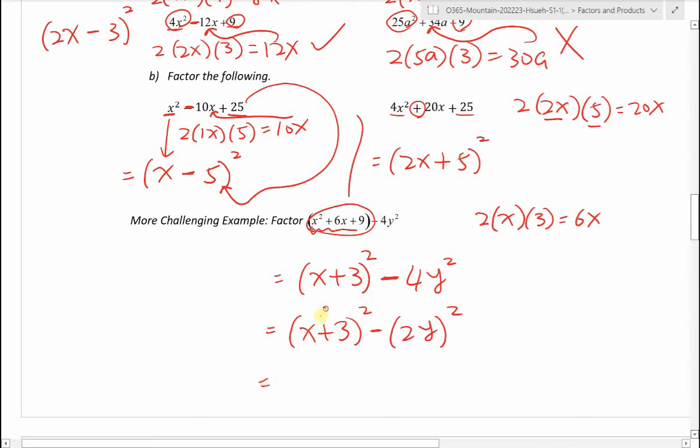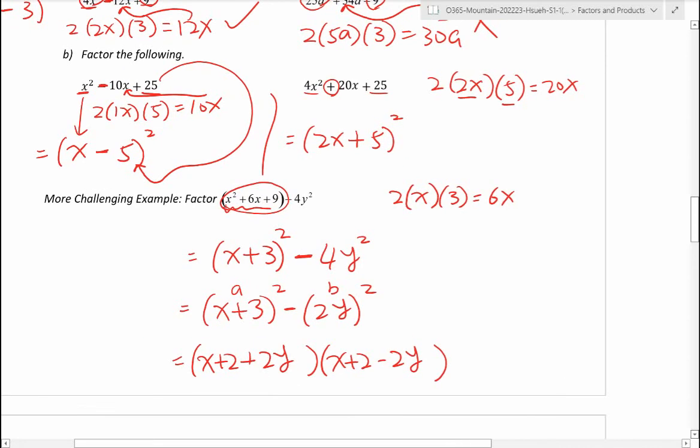Therefore, I can factor this. This is my a, and that is my b. So when I factor difference of squares, remember, it's just going to be a plus b times a minus b. So the sum of the two terms and the difference of the two terms. And there you go. That's how you factor this question right here.